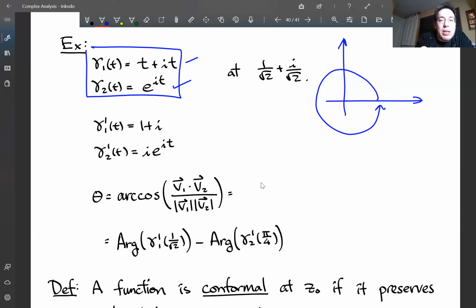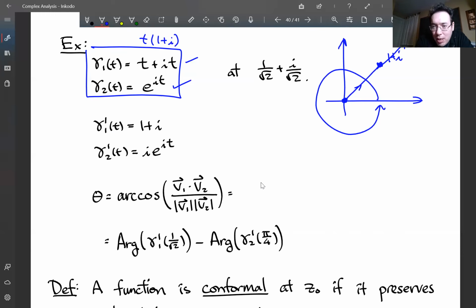Gamma 1 is t times 1 plus i. When t is equal to 0, it's at the origin. And when t is equal to 1, it hits 1 plus i. It's linearly moving from 0 to 1 plus i, and further if t is larger than that.